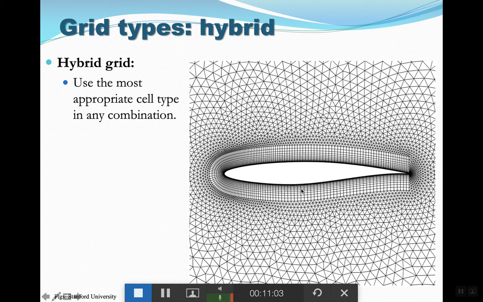Here, for example, is a very good example of it. It is a cross-section of a wing of an airplane, which is called an airfoil. If you cut the airplane wing and look at it in a normal direction, this is what you will see. And we want to see how the flow around this airfoil works.